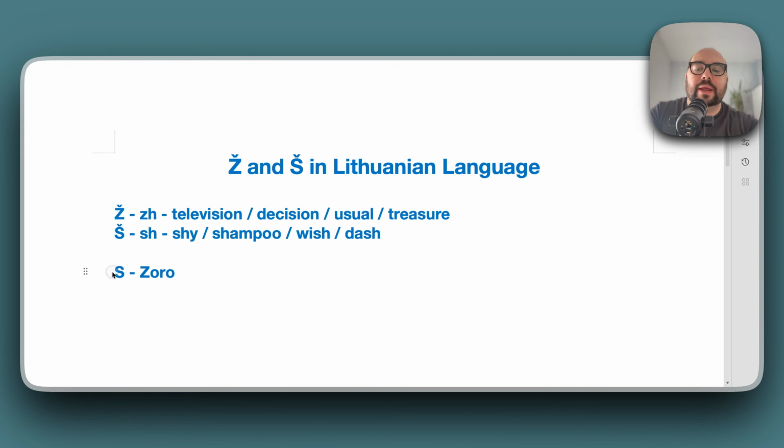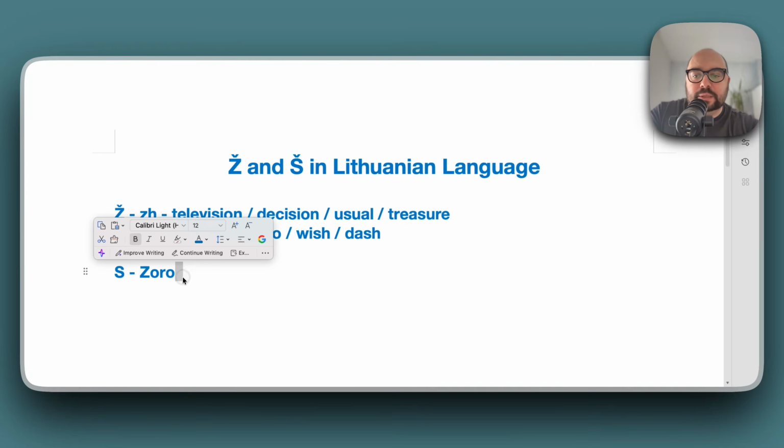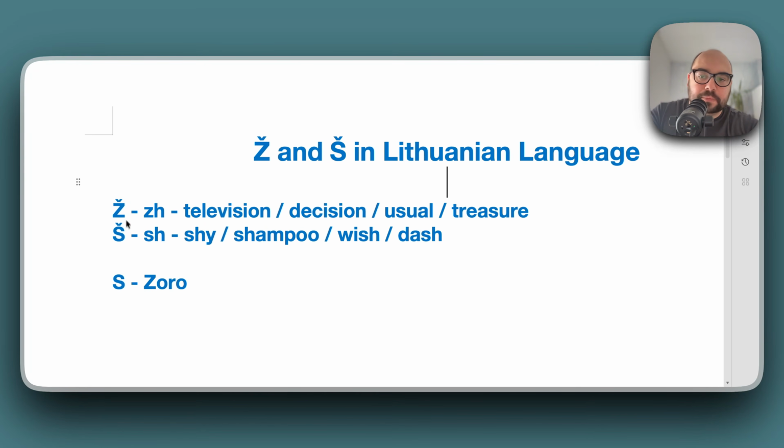All of these are S letters. In English, it's very common to have C instead of S over there, especially in the beginning, but these are not the same sounds. Having this little, let's call it birdie, it has a specific name, you need to know that. Having this birdie over the top of your letter makes the sound different.